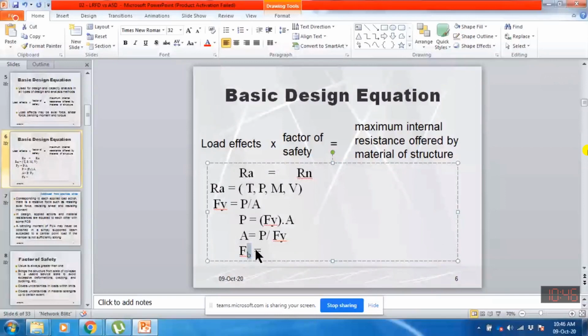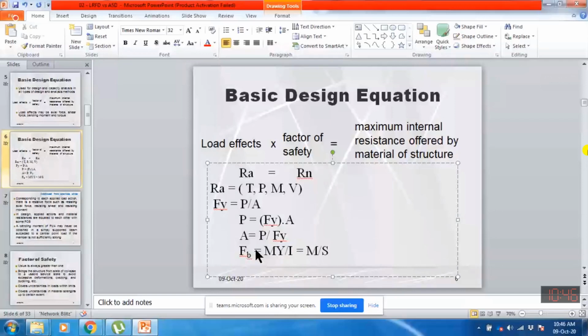So you can say that this is sigma. Sigma is equal to M Y over I. My over I value, you know this equation. Or you can also write this equation as M divided by S, because you know that I over Y is equal to section modulus.